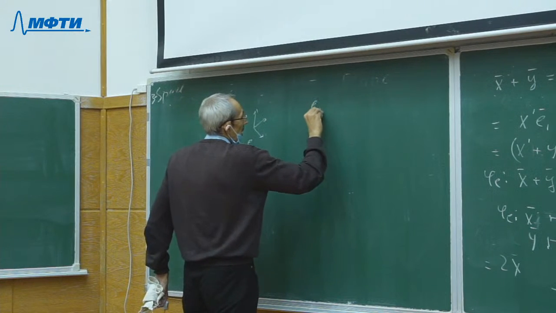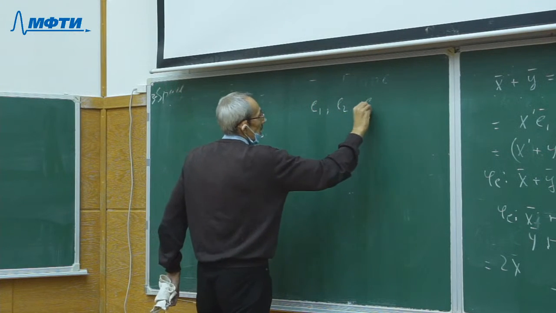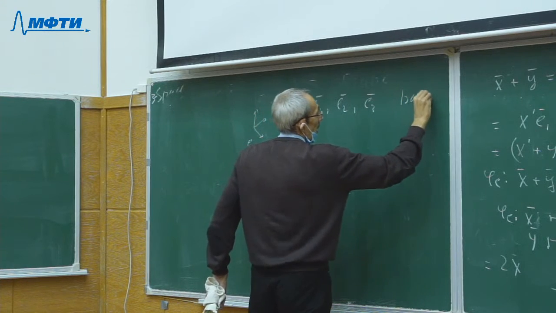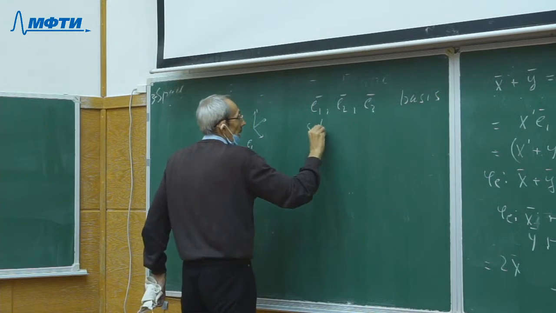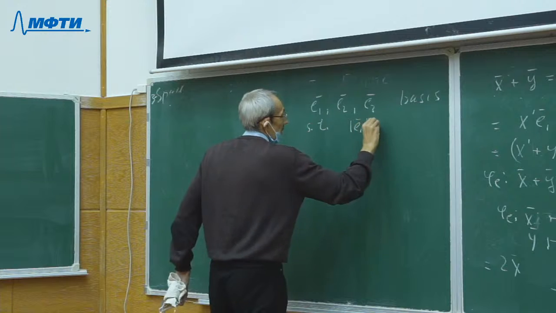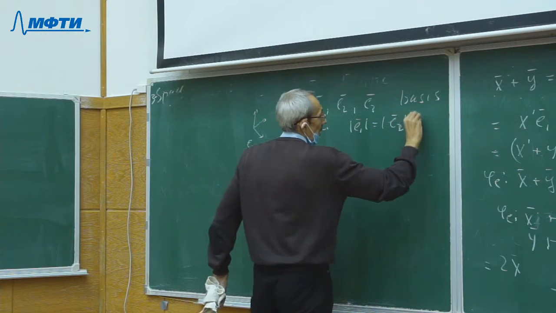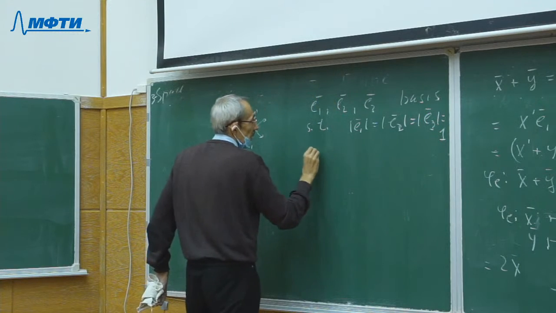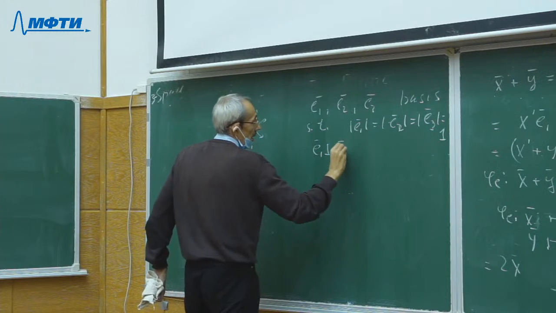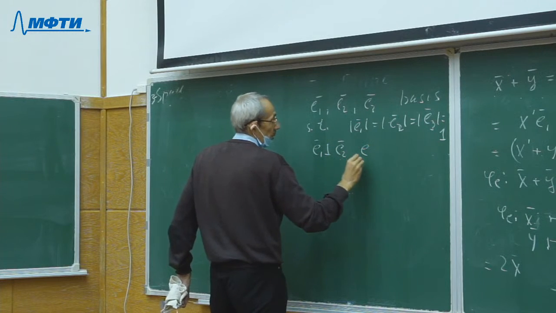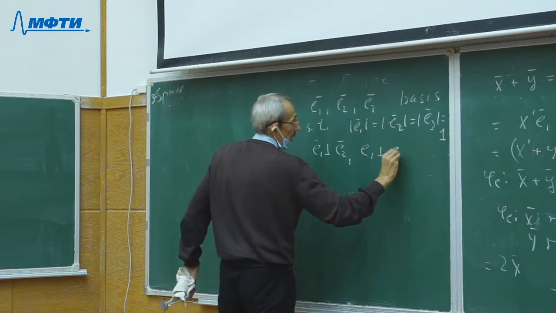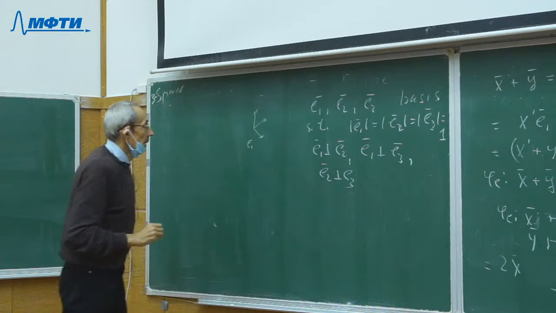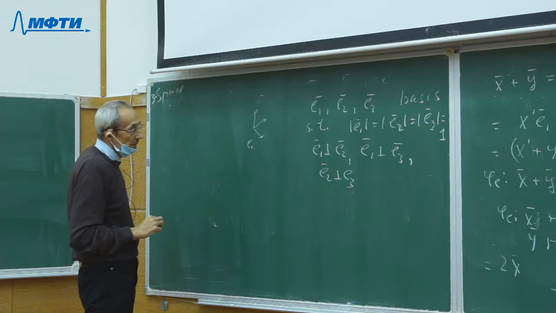Namely, let e1, e2, and e3 be a basis such that the length of these vectors is equal to unit, and these vectors are perpendicular to one another in the case of the space.